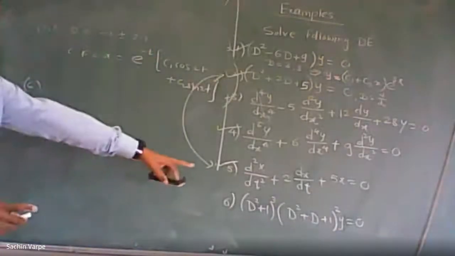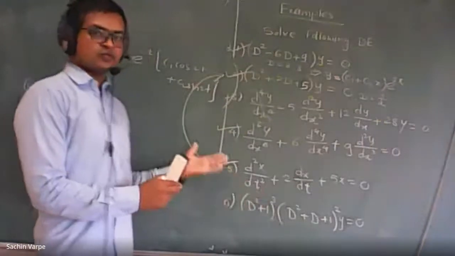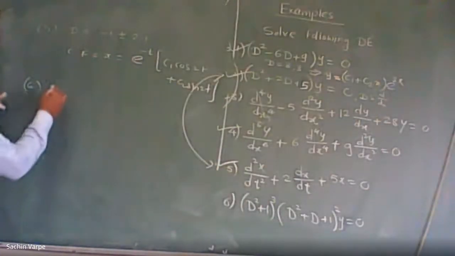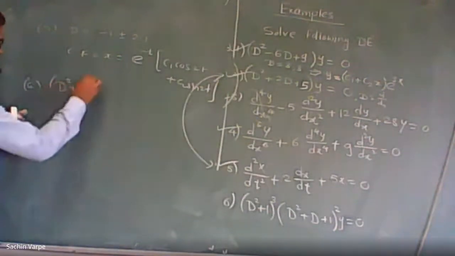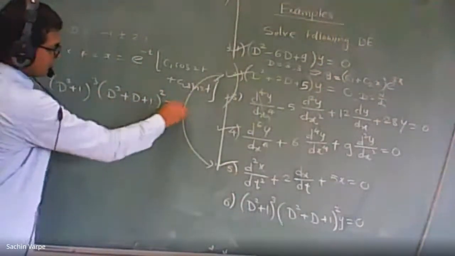It is given in factored form, so we just have to get those roots. Let me consider the equation: (D square plus 1) cube, (D square plus D plus 1) square is equal to 0.